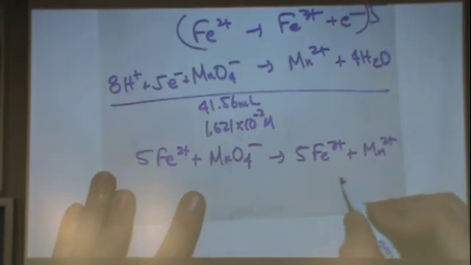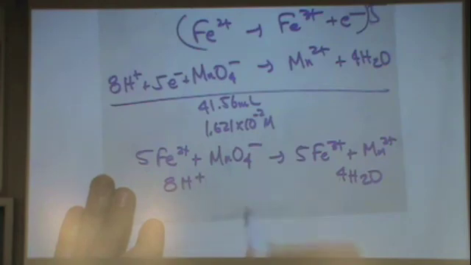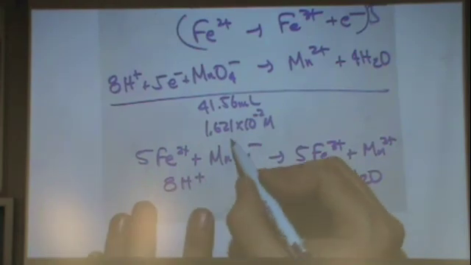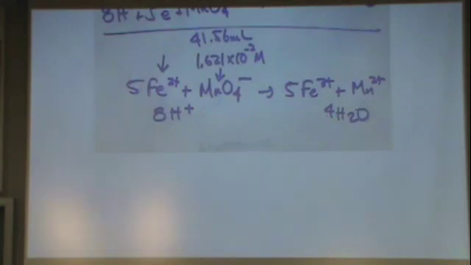And there's some waters and stuff like that in here. Okay, so there's the reaction. We know this information about that one right there. We need to know information about that one because they care about the iron.